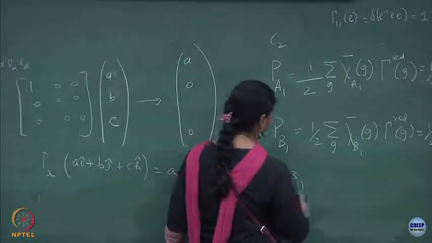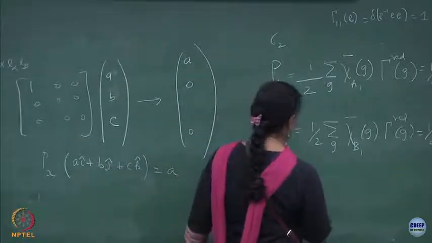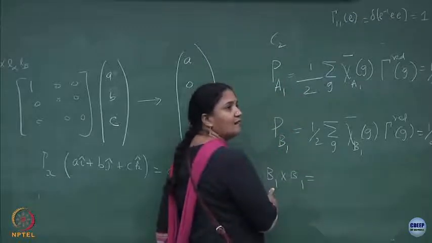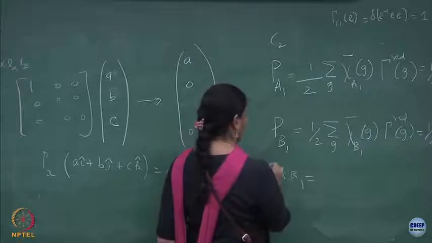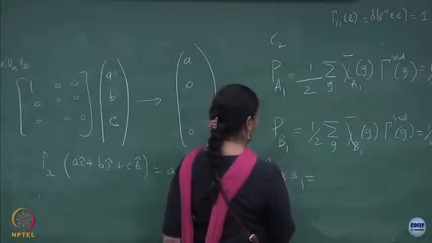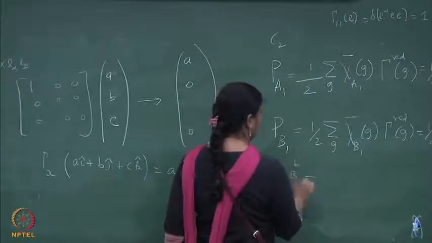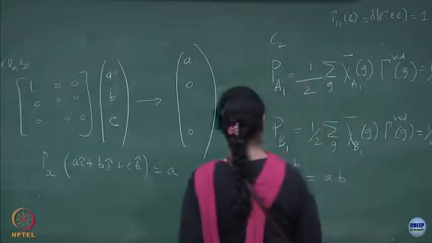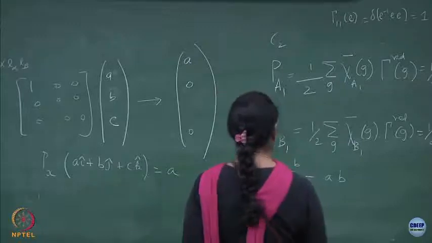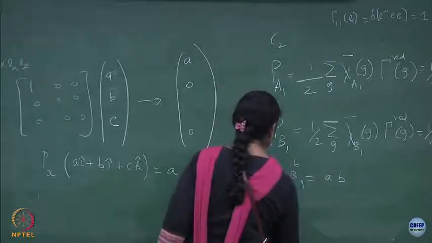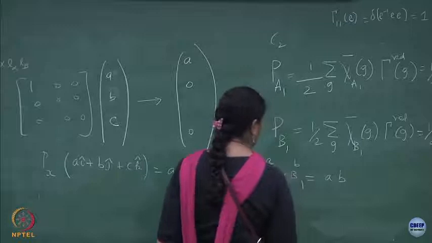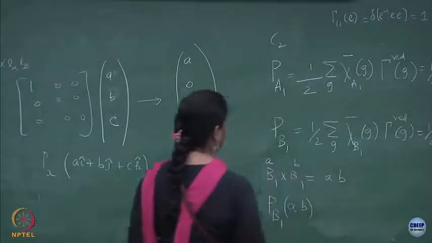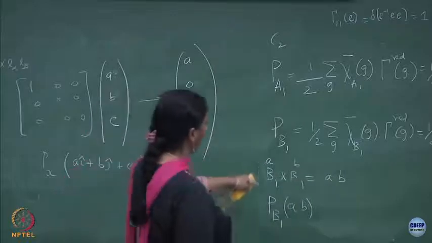So, if I take this B1 cross B1, let us say this is a one dimensional basis, I will have AB. What is the definition of B1?